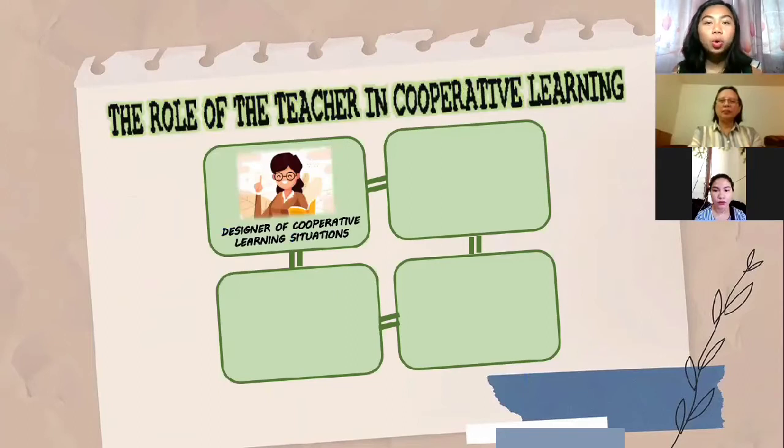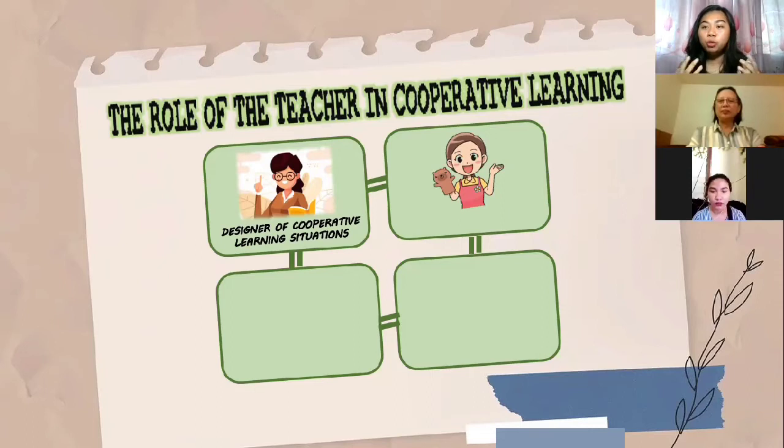So there are also, it is not just a group work based on how the students perform their task, but also there is the role of the teacher in cooperative learning. First is the designer of cooperative learning situations. So you have to plan what activities are suitable for this class.